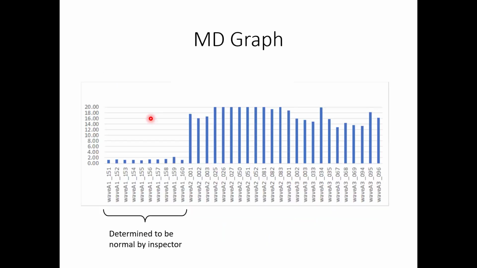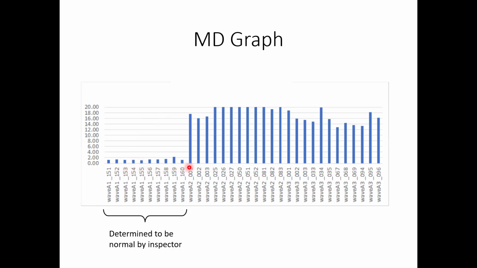This graph summarizes MD for several waveforms. The first 10 are judged normal by the inspector. The MD has a small value. These are waveforms not used in the unit space.